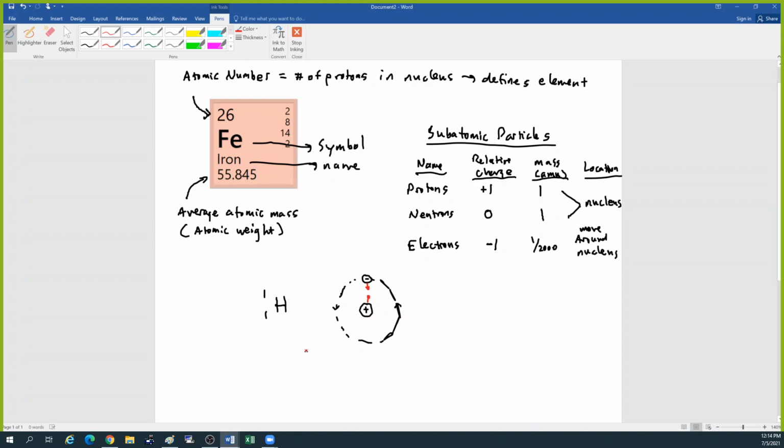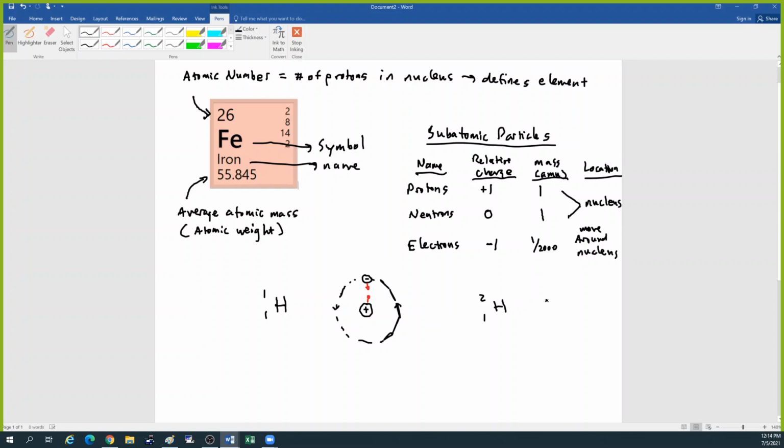So what you see here is one kind of hydrogen atom. If I was to look at a second hydrogen atom that's a little bit different, it might look like this. I'm going to draw a picture, and I want to see if you can tell the difference. And then I'm going to bring up a visual thing that we can play with to help you understand this concept a little bit better.